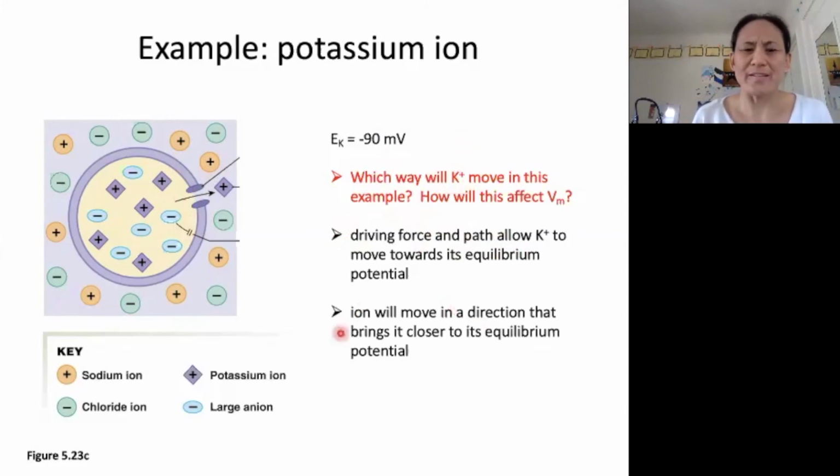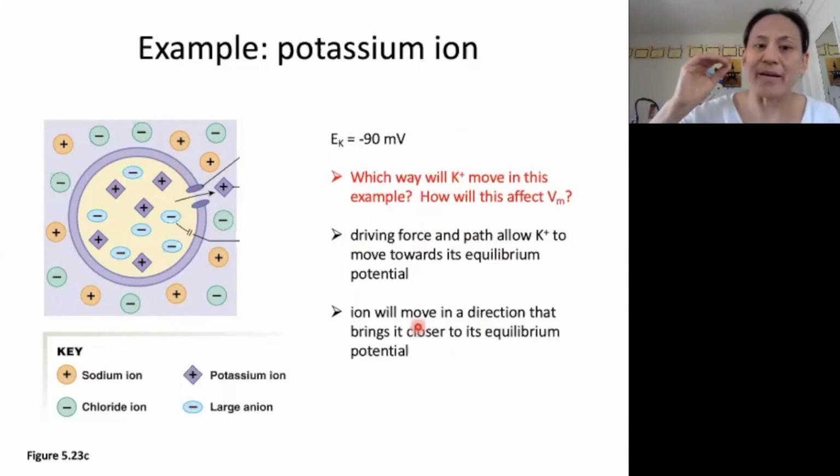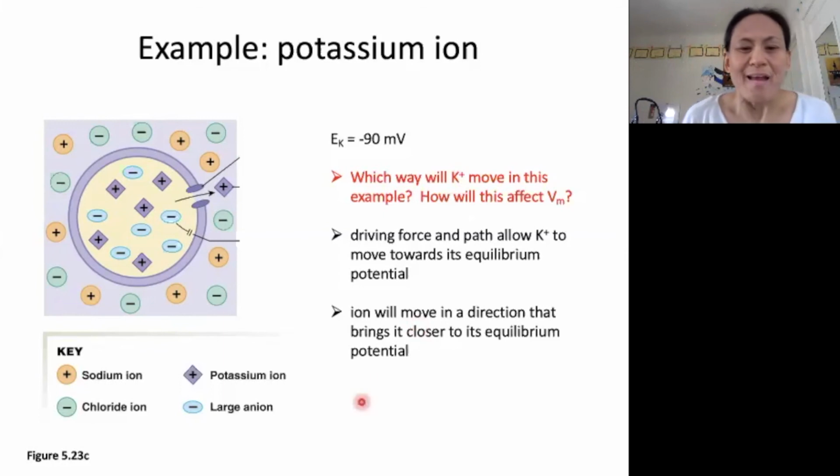And I already explained this, that the ion is going to move in a direction that brings it closer to its equilibrium potential. So in this case, sodium moved out so that we can bring the membrane potential down closer to the sodium equilibrium. Sorry, did I say sodium? Potassium moved out so that we can bring the membrane potential down closer to the potassium equilibrium potential, okay?